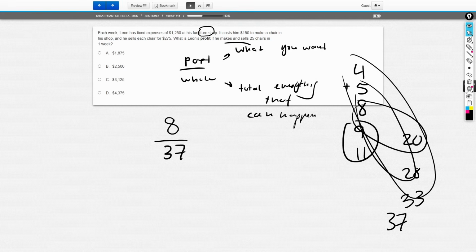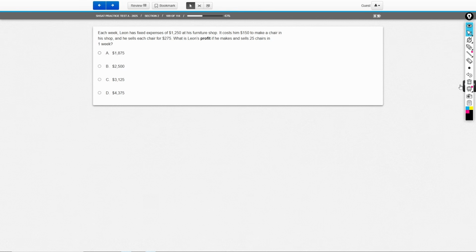All right, moving on. So this problem says that each week, Leon has a fixed expense of $1,250 at his furniture shop. And it cost him $150 to make a chair in his shop, and he sells the chair for $275. What is Leon's profit if he makes and sells 25 chairs in 1 week? So the profit is calculated by taking revenue minus expenses.